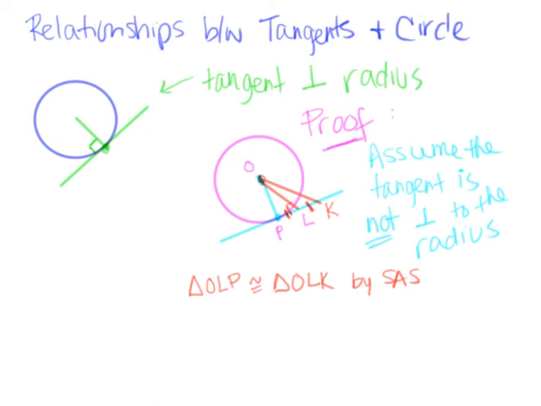So if that is the case, then all other corresponding parts of these two right triangles are going to be congruent. So OP would have to be congruent to OK.